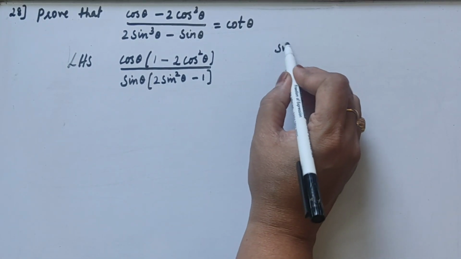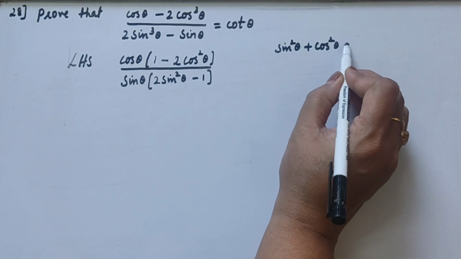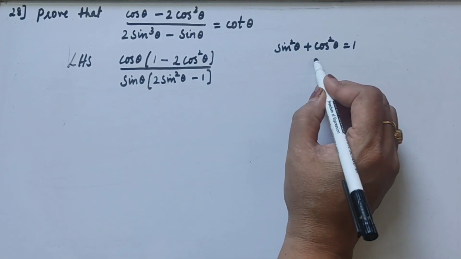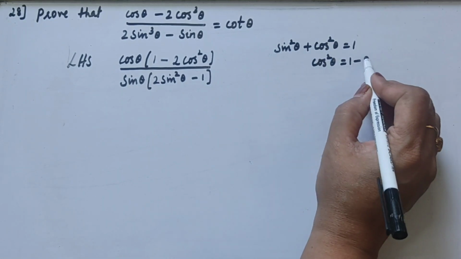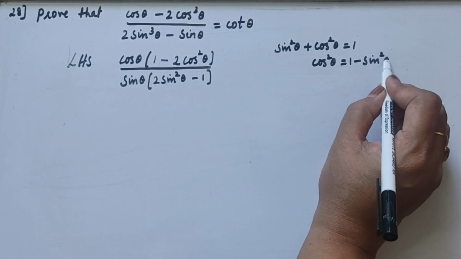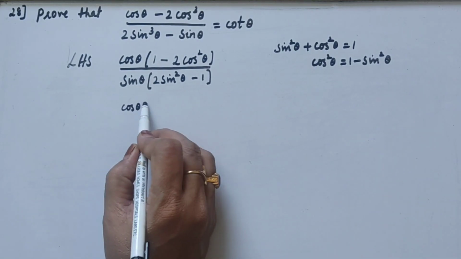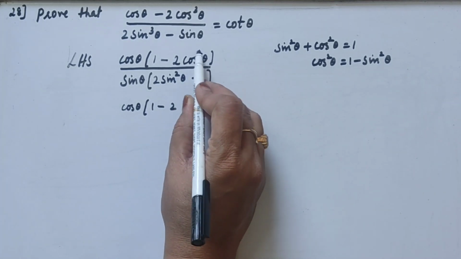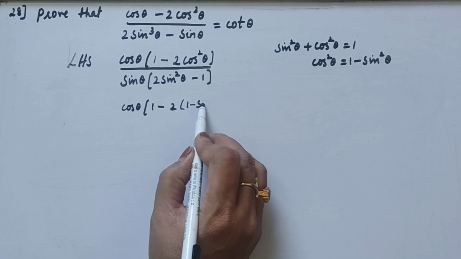We know sin square theta plus cos square theta equals 1. We want cos square, so we'll shift sin square to the other side. Cos square theta equals 1 minus sin square theta. Okay, so cos theta into 1 minus 2 into, only cos square theta can be written as 1 minus sin square theta.